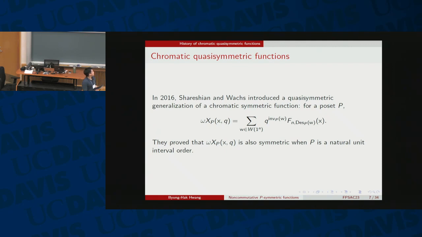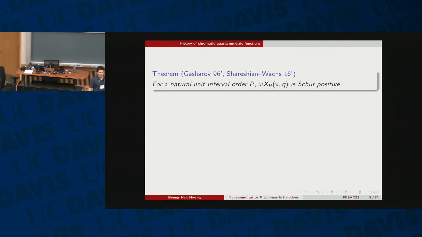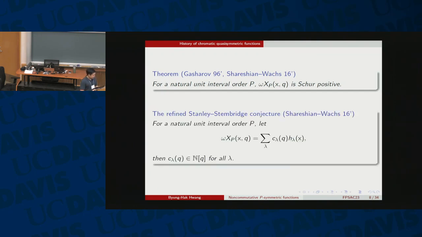They proved that this quasisymmetric function is actually symmetric when P is a natural unit interval order. When we consider a natural unit interval order, this chromatic quasisymmetric function is Schur positive. Additionally, Shareshian and Wachs proposed a refined conjecture stating that the chromatic quasisymmetric function of a natural unit interval order is also e-positive.